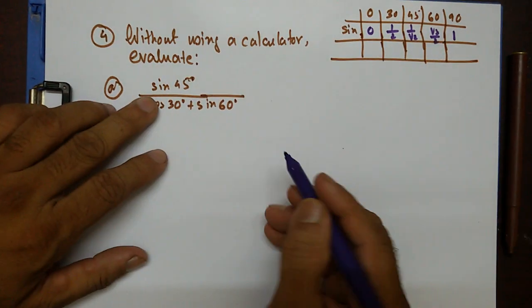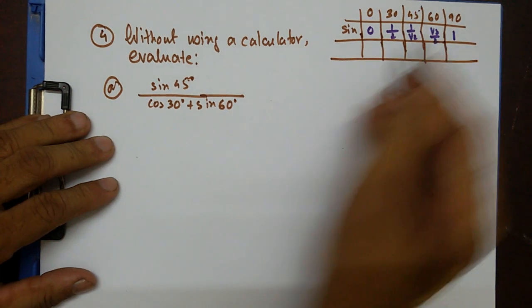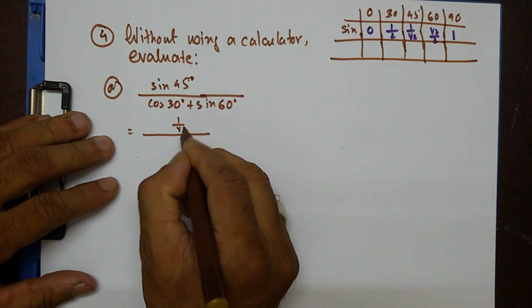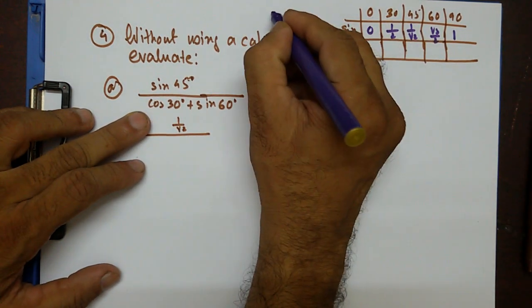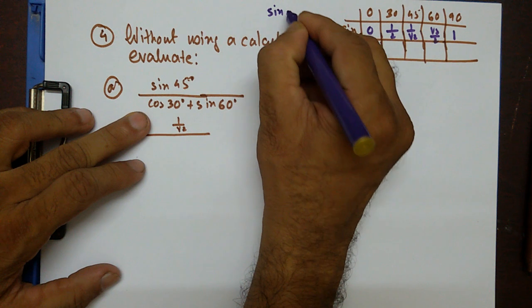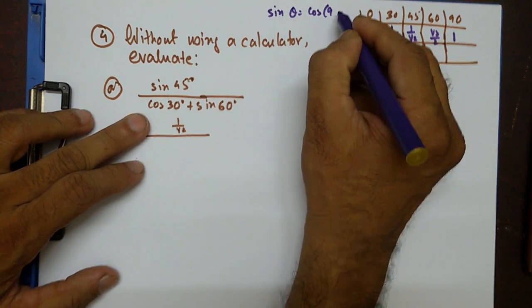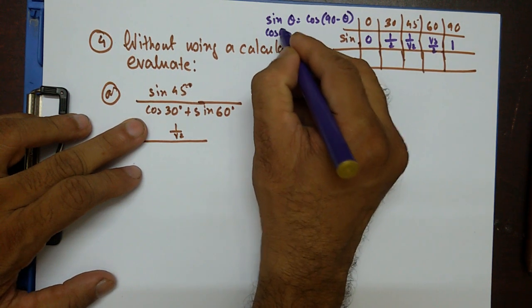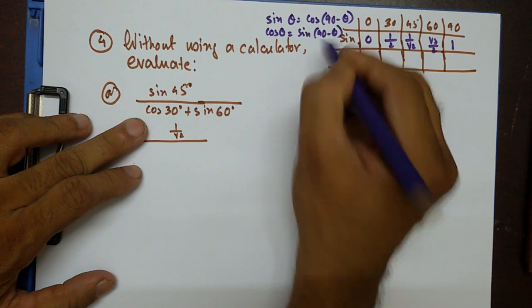Sine 45 is, from here, 1 by root 2, so I can write down 1 by root 2. And for cos 30, I use the formula that sine theta equals cos 90 minus theta, or cos theta equals sine 90 minus theta.